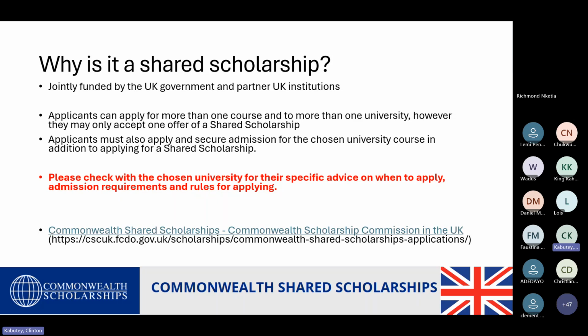With this application, you have to apply directly to the Commonwealth Shared Scholarship on one part, and then also apply to the school you would be attending. You have 2 applications going in both directions, because it's more of a liaison between the 2 entities, the school itself and the Commonwealth Shared Scholarship Commission.